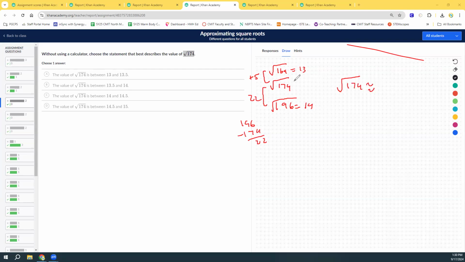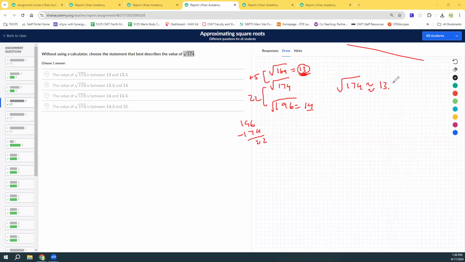That means the square root of 174 is going to be a lot closer to the square root of 169, or 13. And I want you to notice that the other one we just did was closer to the top number, but still it started with the bottom number. Did you see that? Every approximation will start with the bottom number, because even if it's closer to 14, it can't be greater than the top.